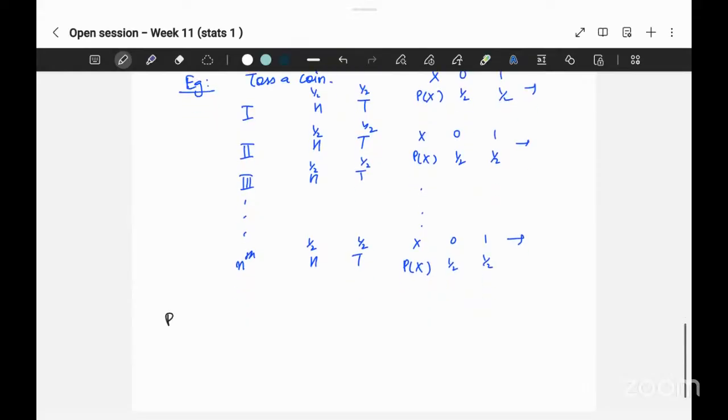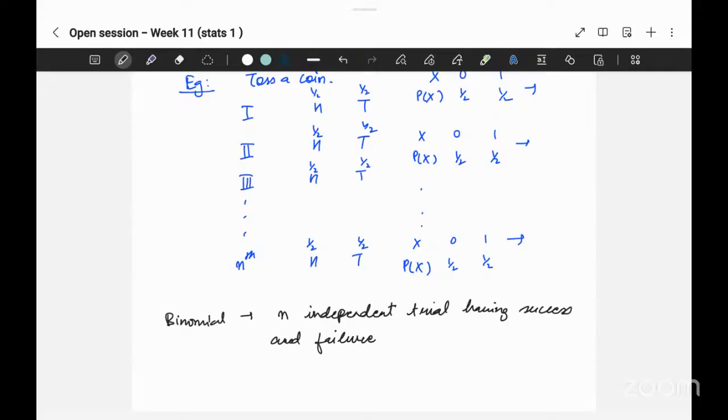So basically my binomial is having n independent trials, having success and failure.